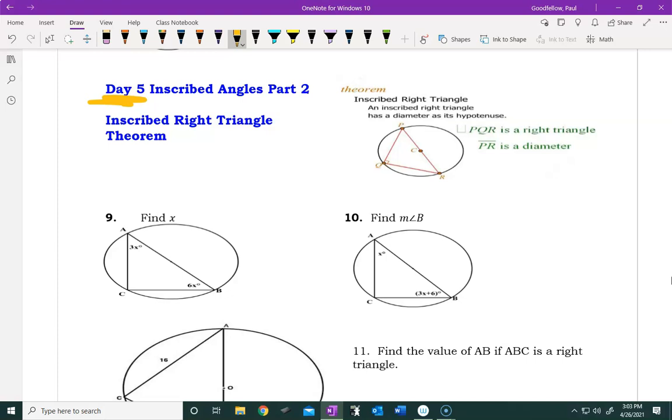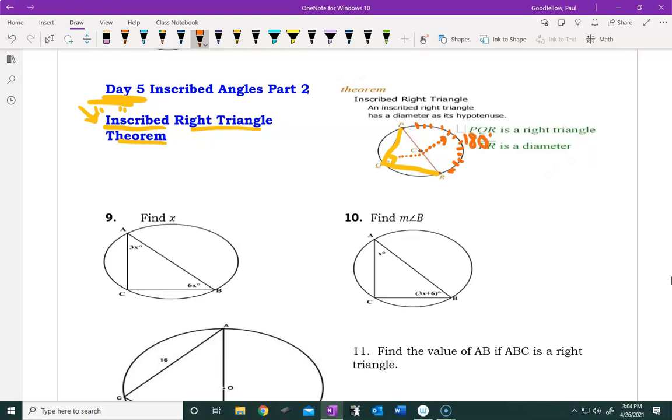Now, what if I actually inscribed, meaning put inside of a circle, a right triangle inside? Now, what happens here is if you inscribe a right triangle and you end up putting this right angle right here in the corner, that right angle in that corner is an inscribed angle, and since this is 90 degrees, the arc that it actually eats has to be twice the size, or 180 degrees.